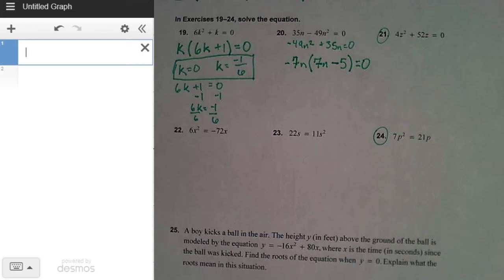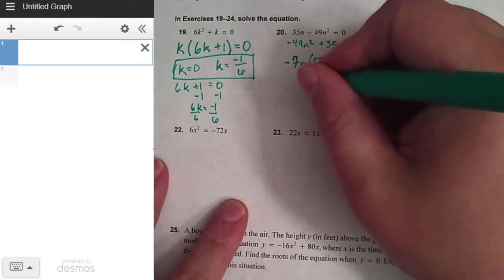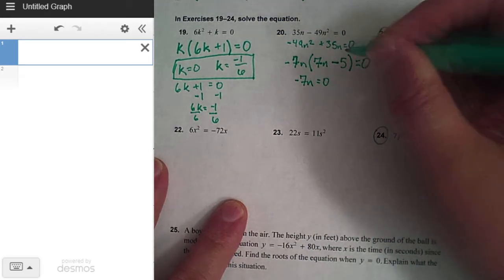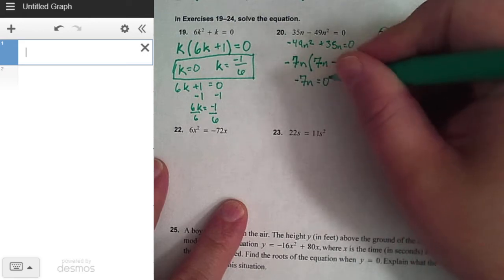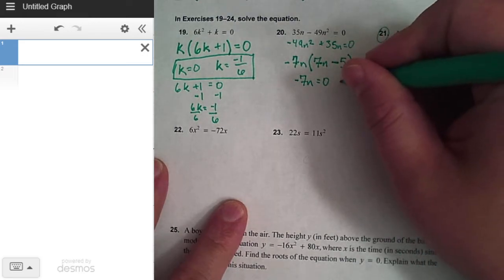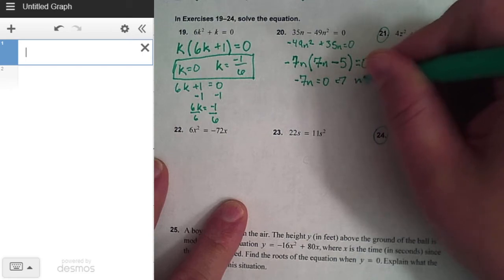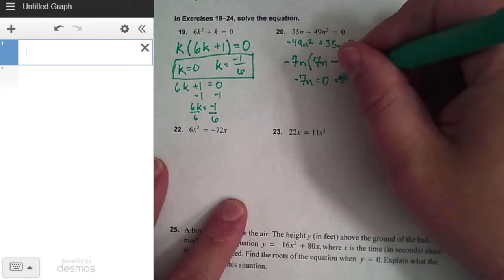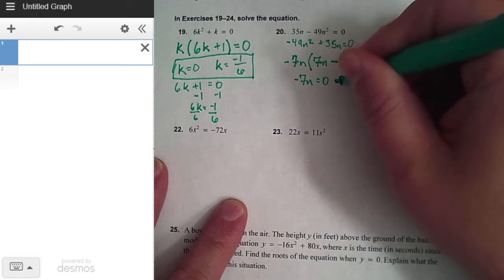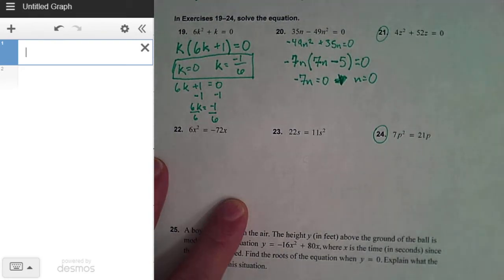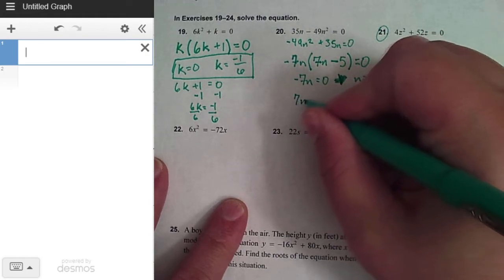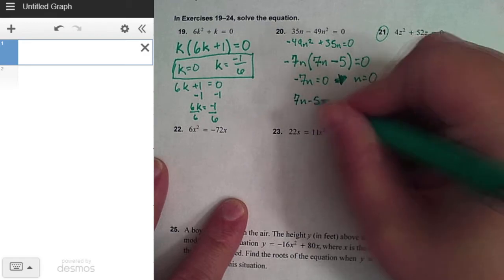Okay, so now we can set each of these equal to 0. So we get negative 7n is equal to 0. If we divide both sides by negative 7, 0 divided by anything is 0, so n is equal to 0. And then we have 7n minus 5, and we're going to set that factor equal to 0.